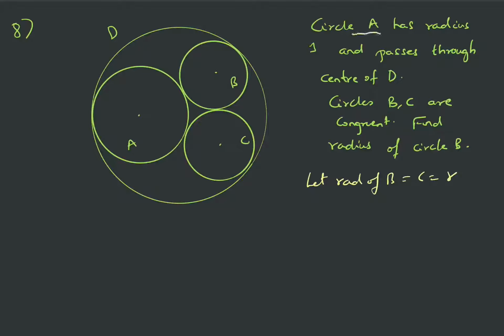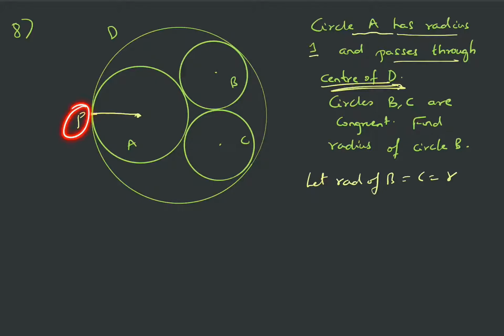So now circle A has radius 1 and passes through center of D. So this is very important. Circle A has radius 1. This is the point of contact of circle A with D, and this is the center of A. So we know that point of contact and both the centers are collinear. So if I join these two, that is the point of contact P and the center of A, then this line should pass through the center of D, right? So let us do it again.